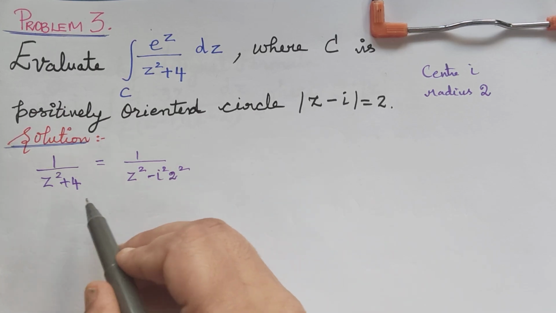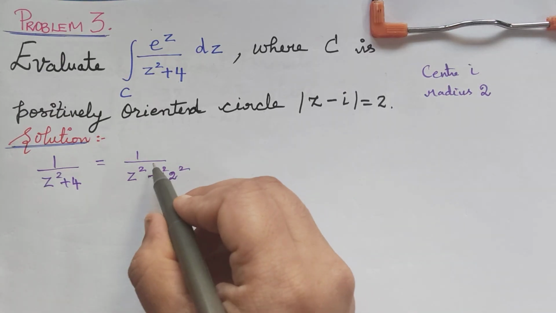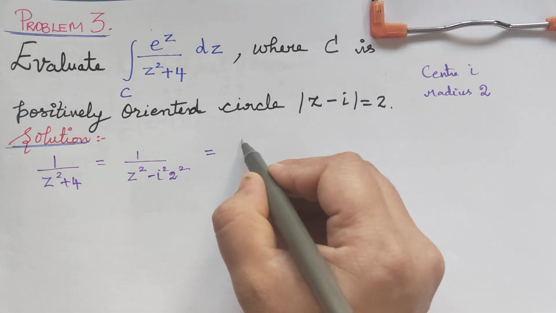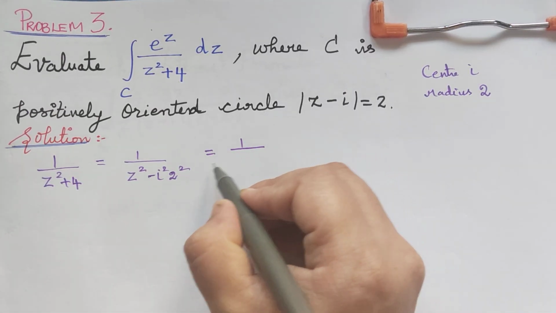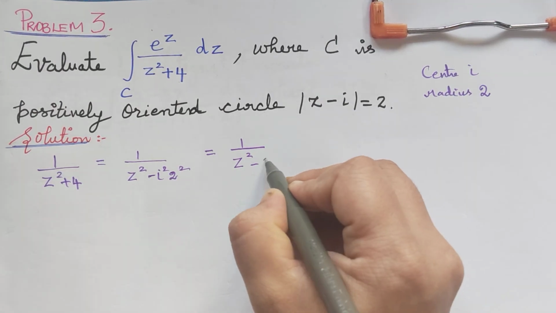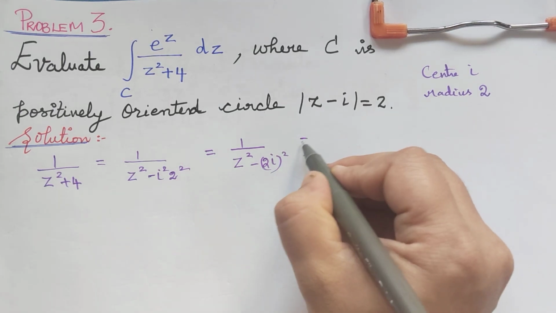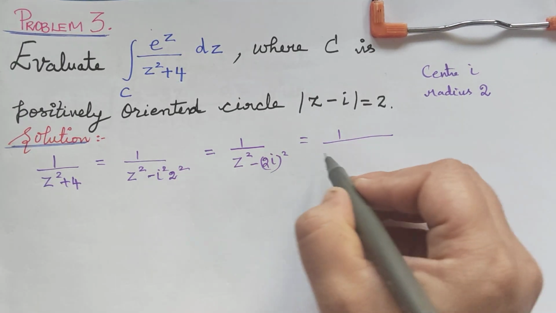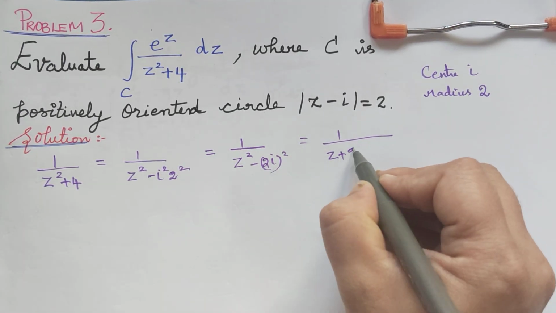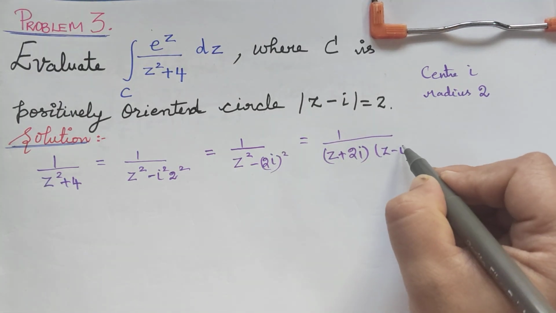So plus 4 can be written as minus i^2 2^2, and we are rewriting it in this format so that we can expand it by using the a^2 - b^2 formula. So this becomes z^2 - (2i)^2. So now we can write this as (z + 2i) multiplied with (z - 2i).